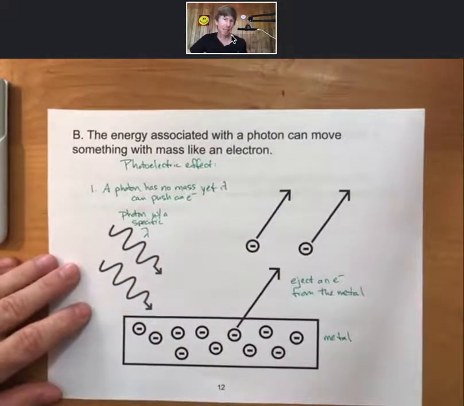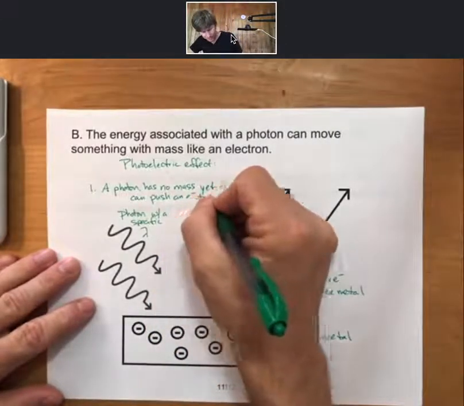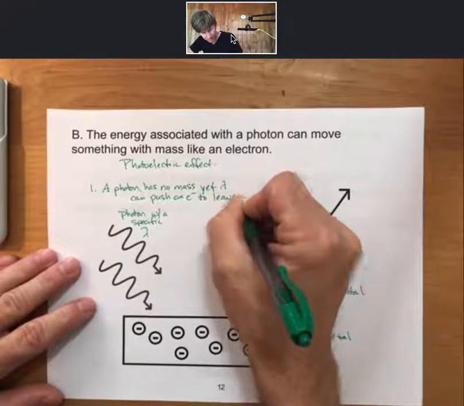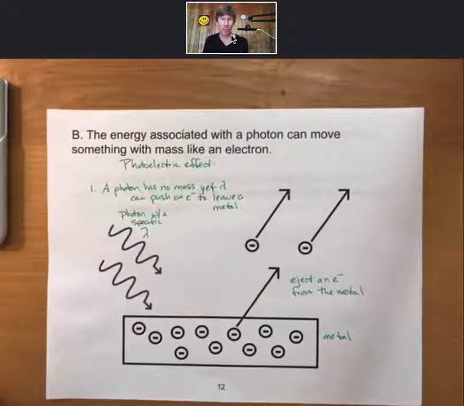And in this case, it can push an electron to leave a metal. This is a photon's wave-like property.